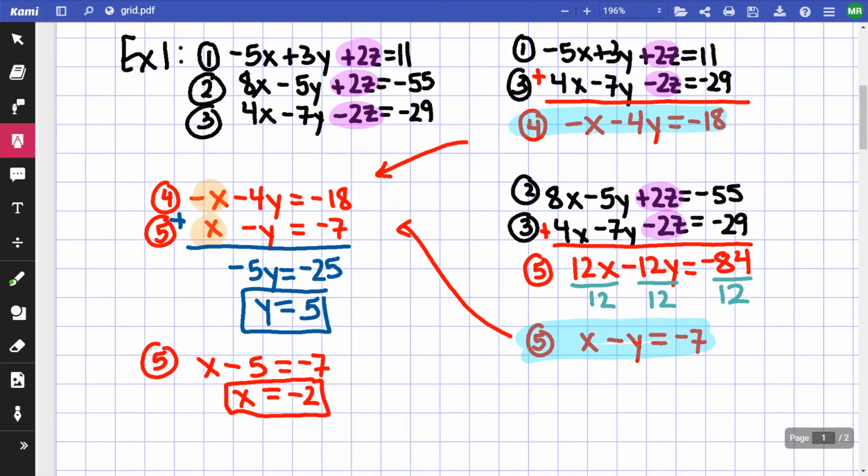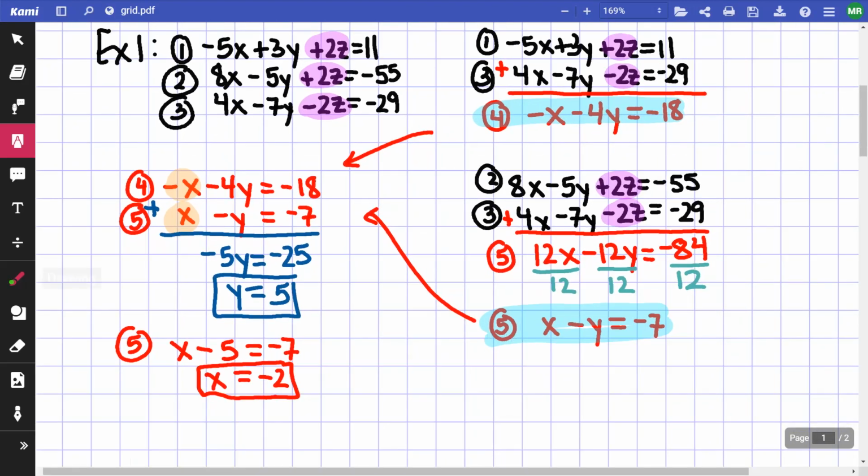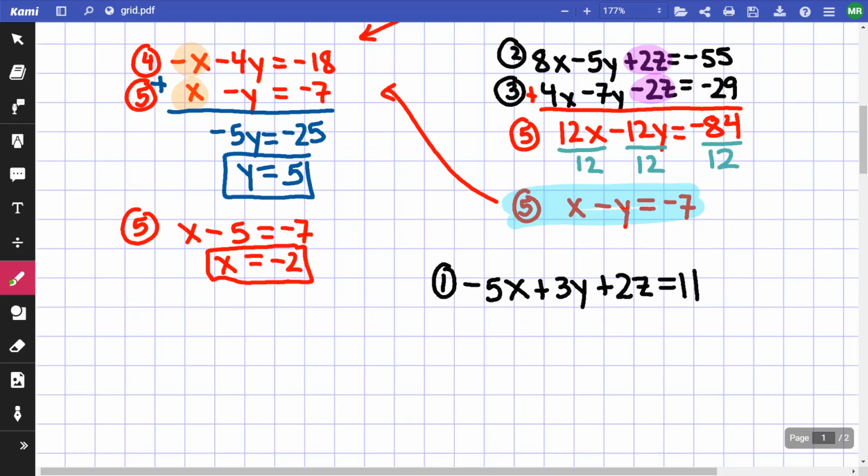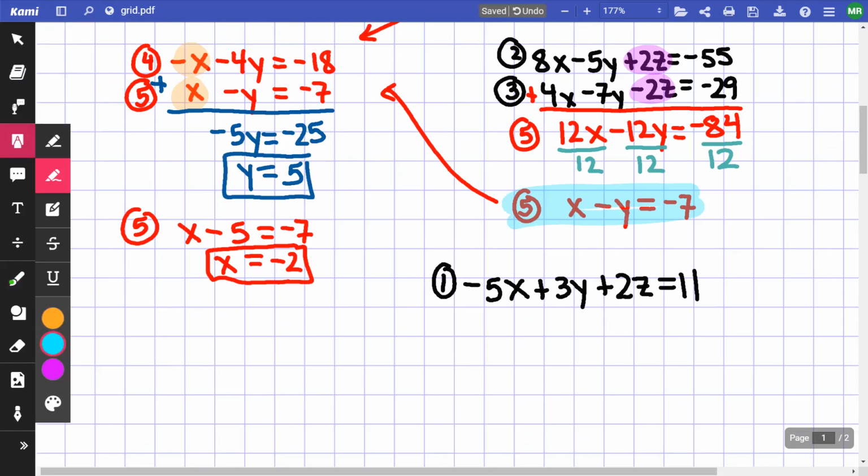So I'm going to shrink this slightly, and I'm going to take equation 1, which was negative 5x plus 3y plus 2z equals 11. I'm just going to write it so I have it here. Now I'm going to substitute in my y here and my x here.